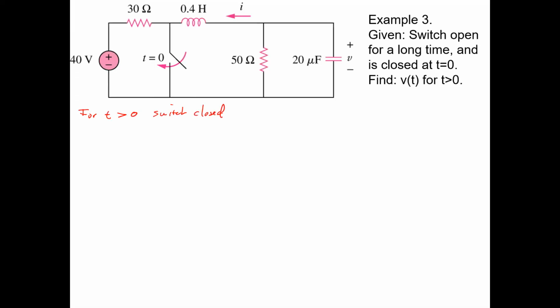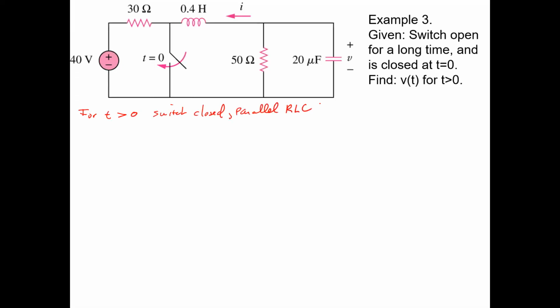When the switch is closed, you can observe that circuit. What happens is you're disconnecting the 40-volt source because you're shorting out that source, right? You're putting a short there. And that means the circuit on the right has all the components in parallel. It is a parallel RLC circuit. You have to see that it's a parallel circuit to apply the right formulas.